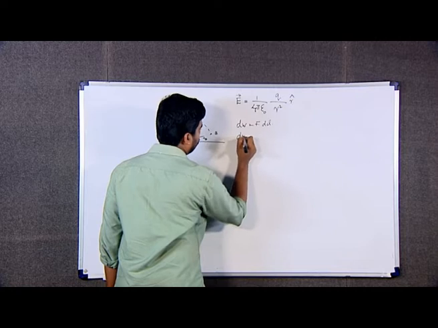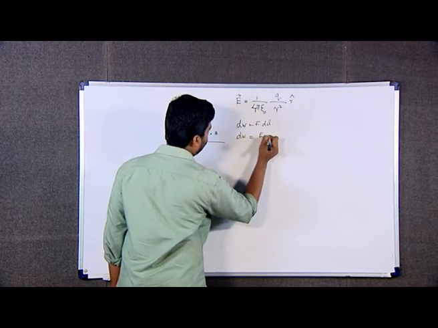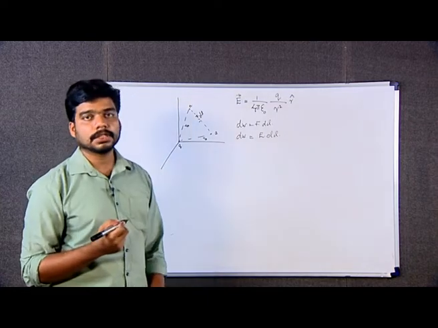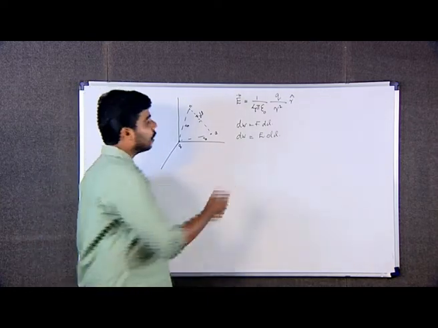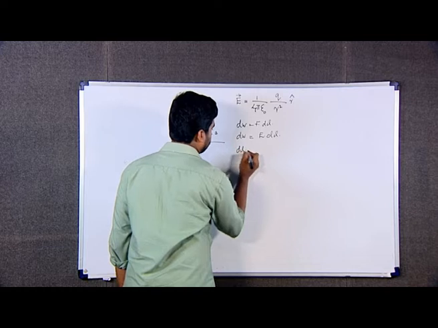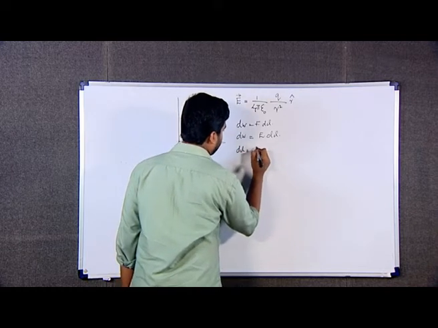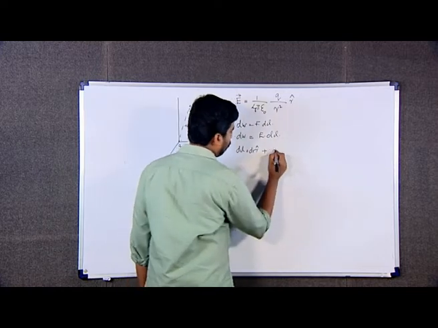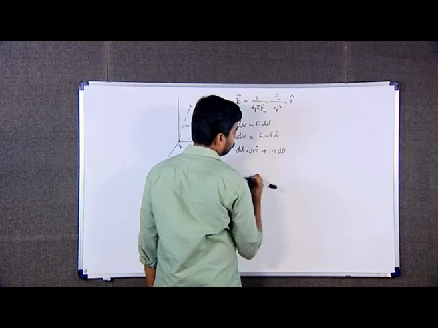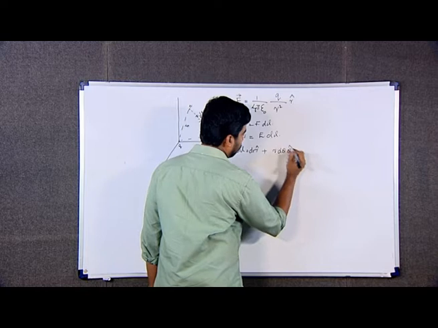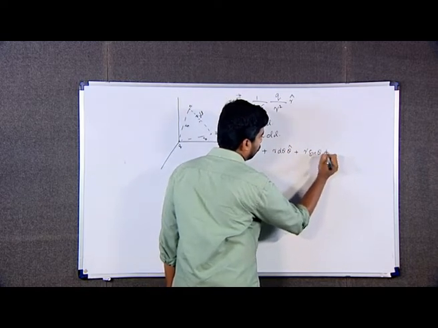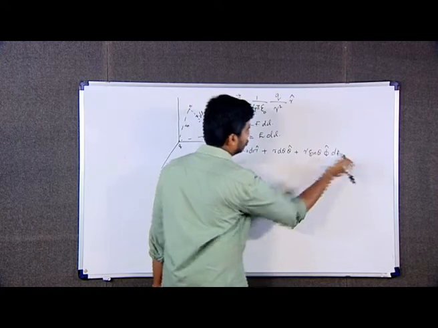Now, I can write it as dW is equal to E dot dl. In the spherical polar coordinate system, dl is nothing but r cap dr plus r d theta theta cap plus r sin theta d phi phi cap.